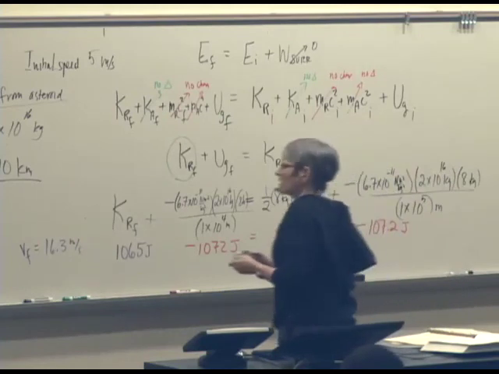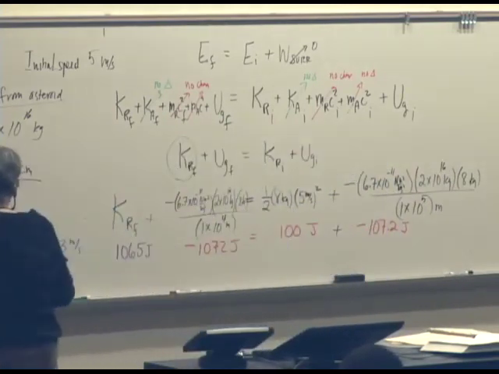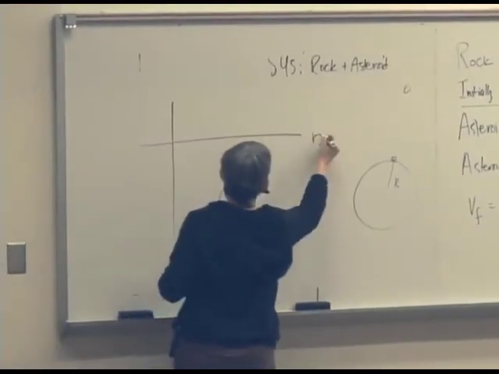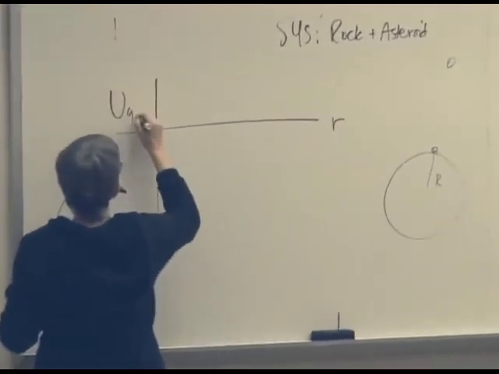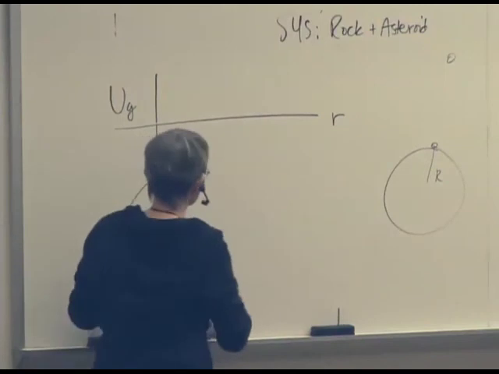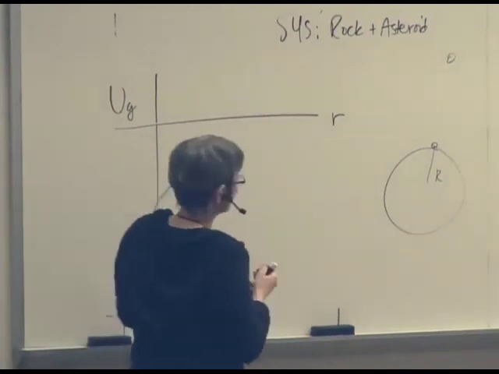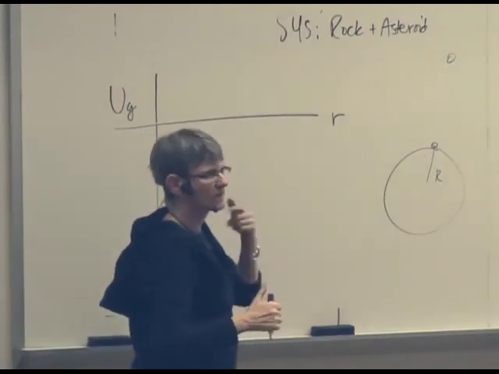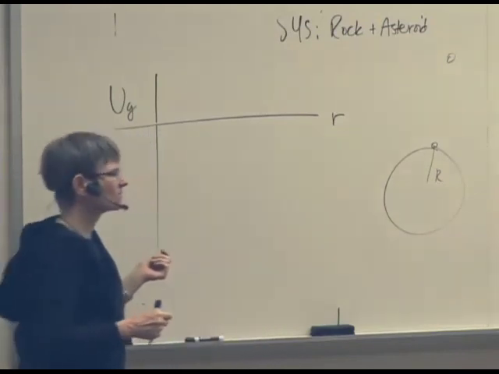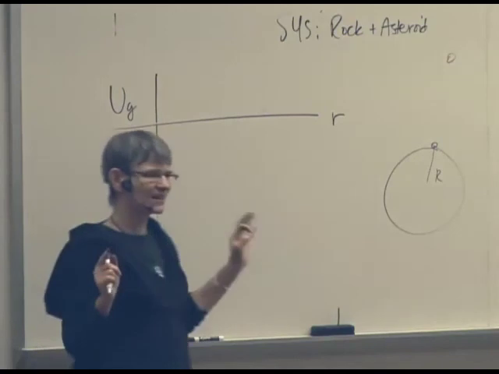What is a graph of gravitational potential energy versus displacement going to look like? We'll do more with this next time, but if this is the distance r between the rock and the asteroid, and this is the gravitational potential energy. Well, there's this negative sign, right?